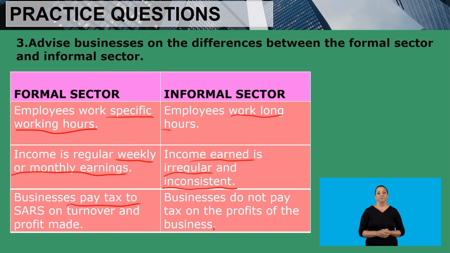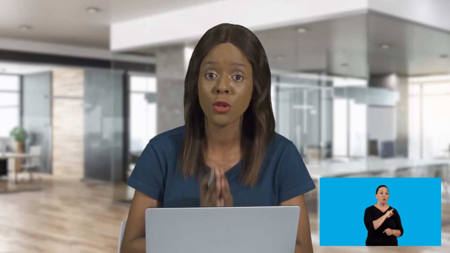Then businesses pay tax to SARS on turnover and profits made under the formal sector. So whatever income we make as a business, be it on a yearly basis, that revenue is taxed. The profits that we make as a business are taxed through SARS because we have registered our business with South African Revenue Services.